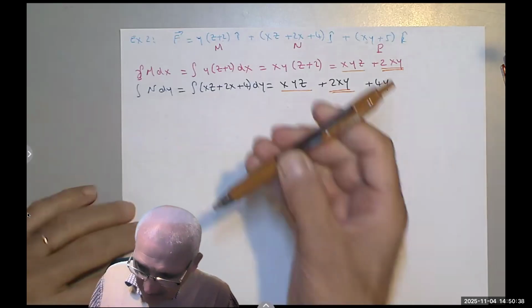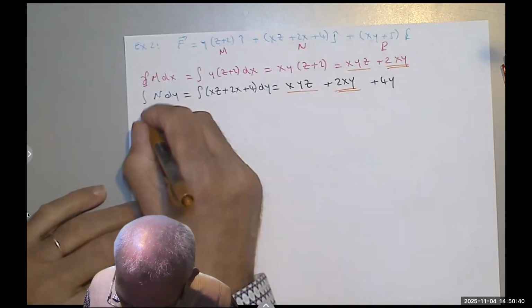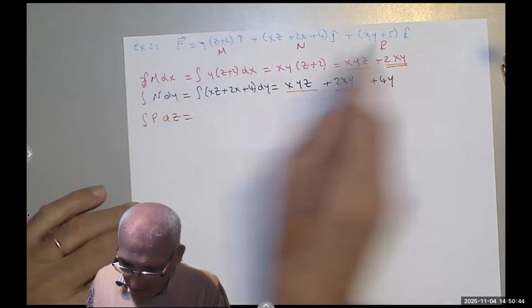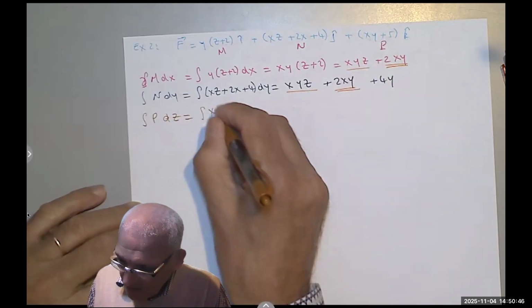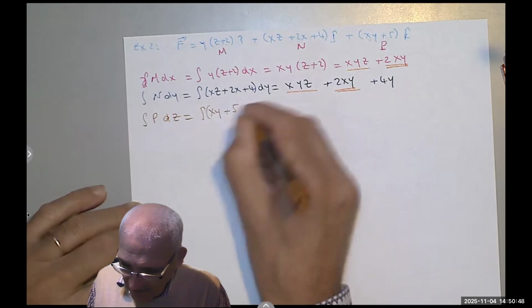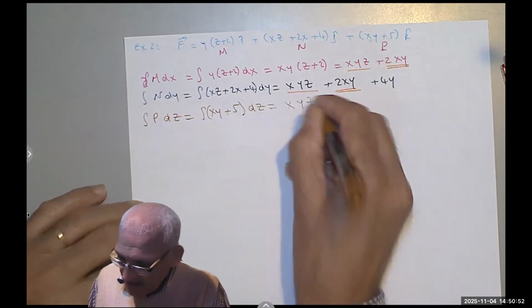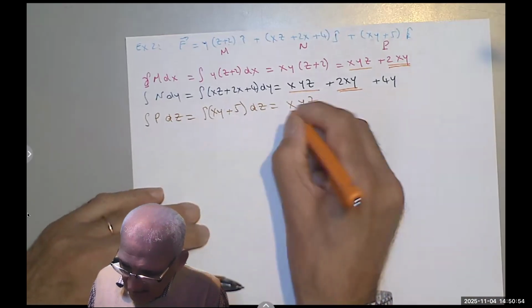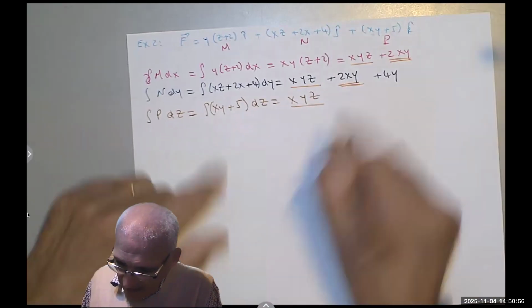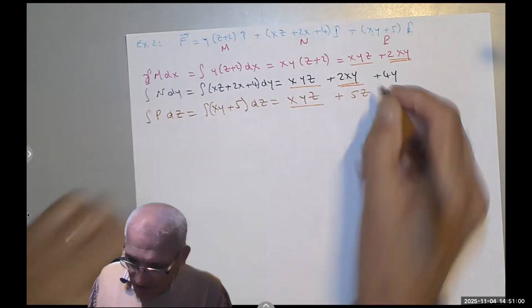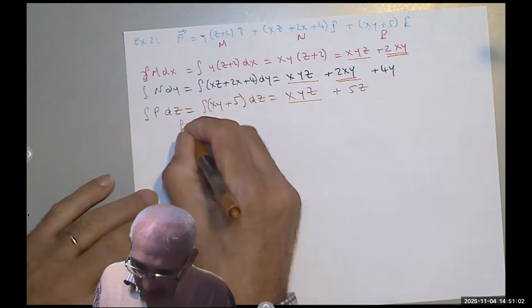Then I'm going to take the integral of p dz, which is the integral of (xy plus 5) dz equals xyz, again, plus 5z. So at the end of the day, you see how easy it is.